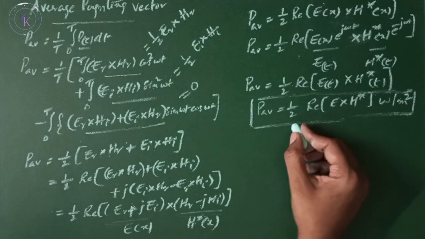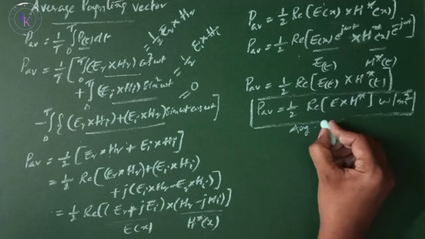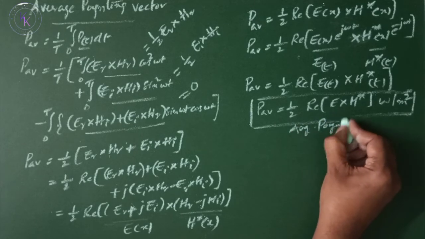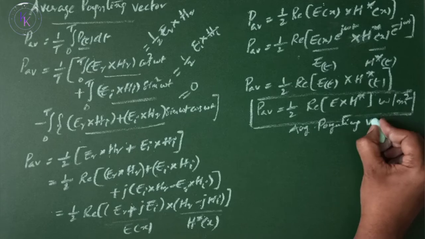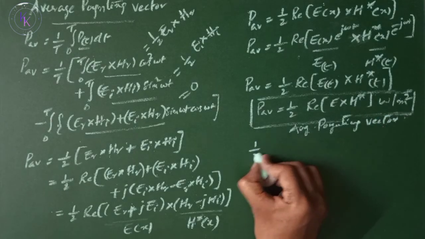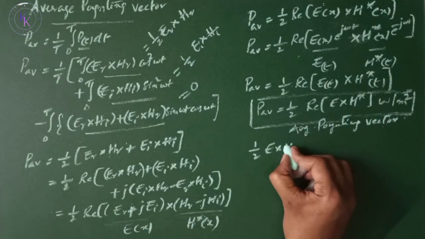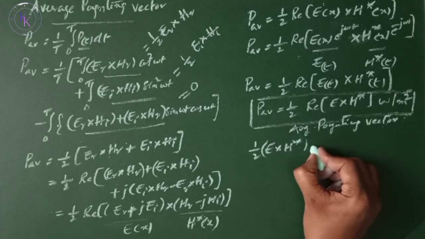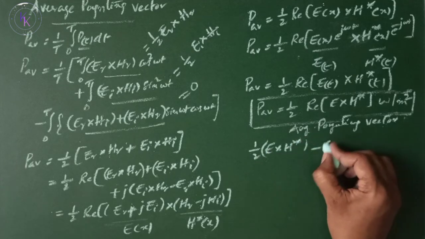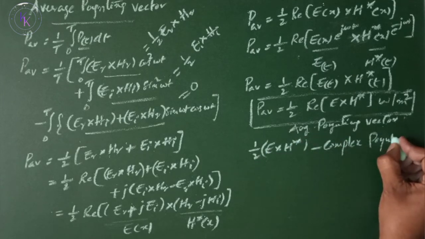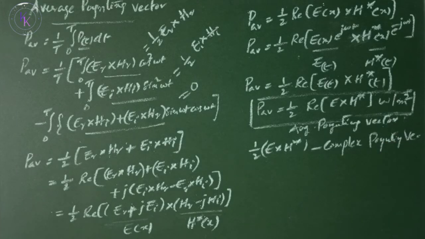This is our average Poynting vector. Half E cross H conjugate is the complex Poynting vector. The real part of the complex Poynting vector is the average Poynting vector.